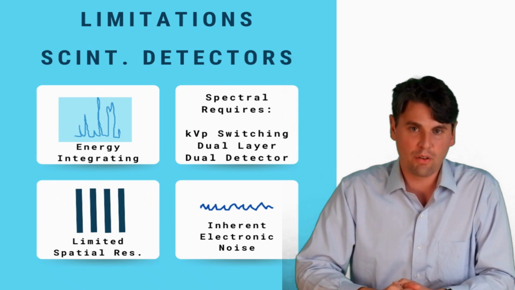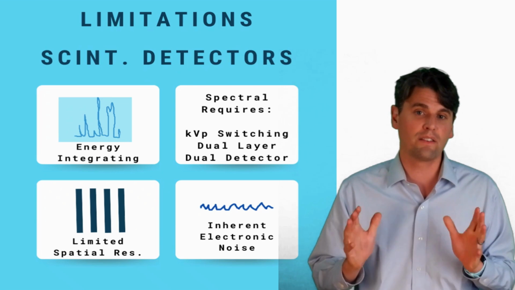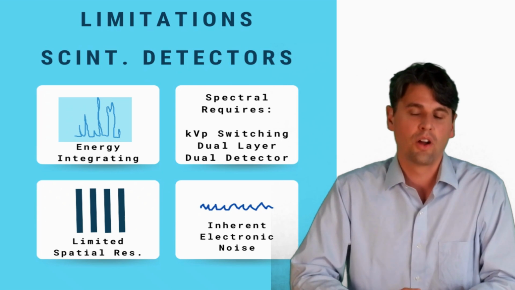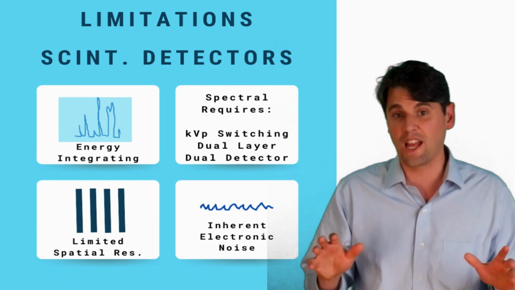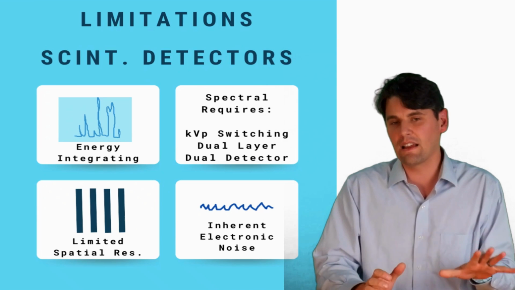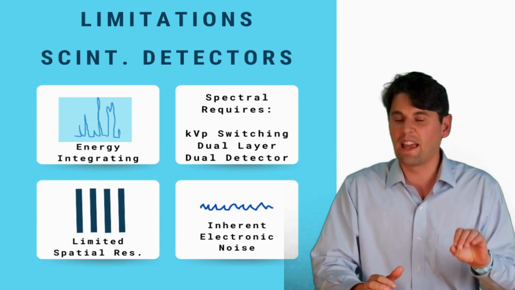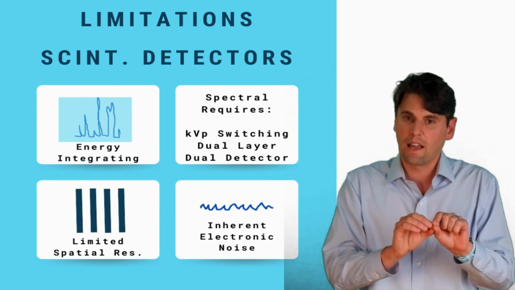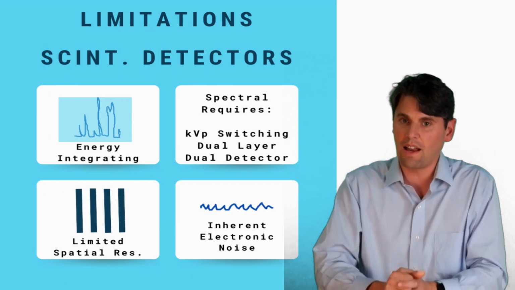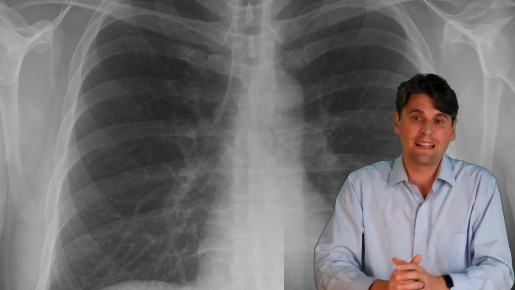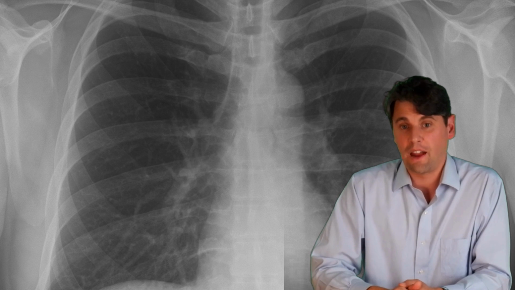Any circuit in general is going to have some electronic noise associated with it. And with a standard energy integrating detector, we don't have any way to reject the signal that has to do with the electronic noise. The idea here is we'd like a way in very low signal environments to be able to actually suppress the electronic noise. Photon counting detectors have some promise to actually improve in each of these areas.